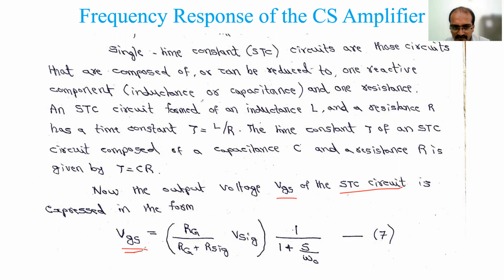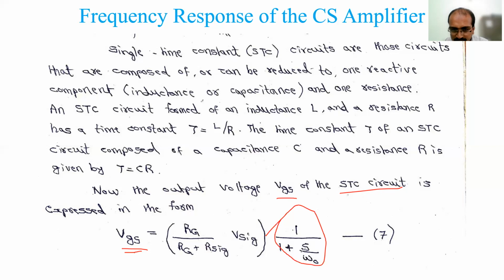That VGS is given by the Thevenin's equivalent voltage, RG by RG plus R signal into V signal, into this factor. This factor comes from the single time constant form; it is in the table, so from there we have directly referred to this. You have to remember this. This is the STC circuit form including your frequency, given by 1 divided by 1 plus S by omega naught.